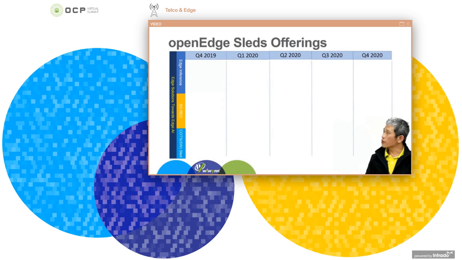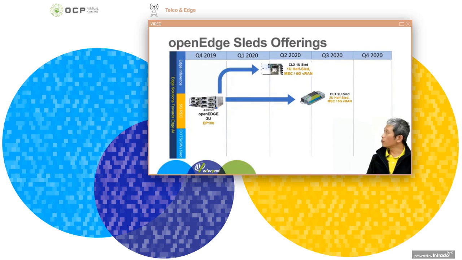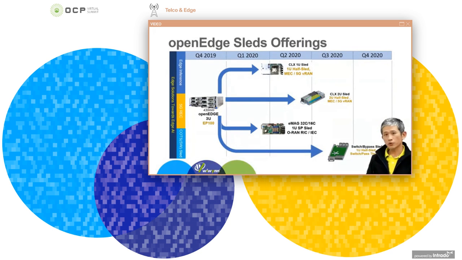We started with EP100, then offer the 1U sled for edge inferences, then the 2U sled for broader edge applications like radio edge cloud, then the COTS sled to adopt different standard functional boards. In this case, we are working with Ampere for the ARM processor, and of course the switch and/or the bypass sled we will introduce later on.